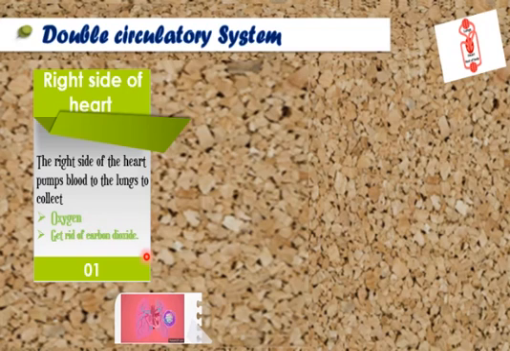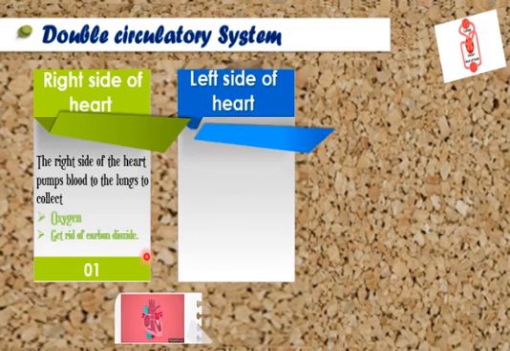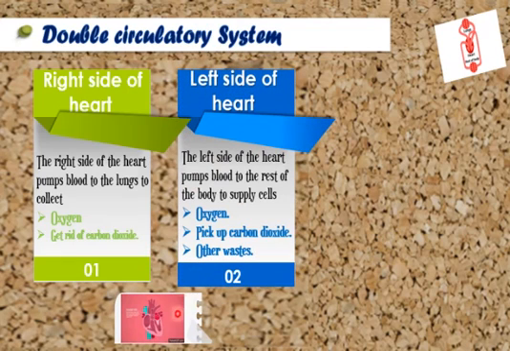And what would be step 2? Let's see. In step 2 you can see that the left side of the heart now pumps blood to supply the cells, to the rest of the body, for oxygen, and to pick up carbon dioxide and other waste.